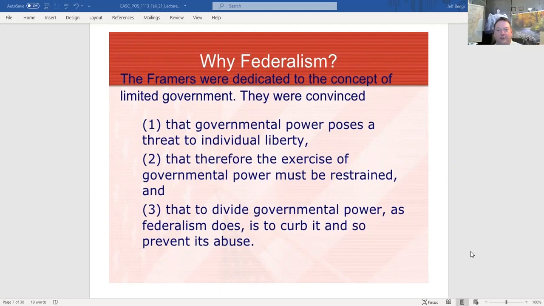Our founding fathers, the framers of the Constitution, after studying all the French political philosophers like Hobbes and Locke and Montesquieu, and experiencing the abuses of the British government, came to believe strongly in the idea of limited government. Limited government. Make sure you understand that concept.